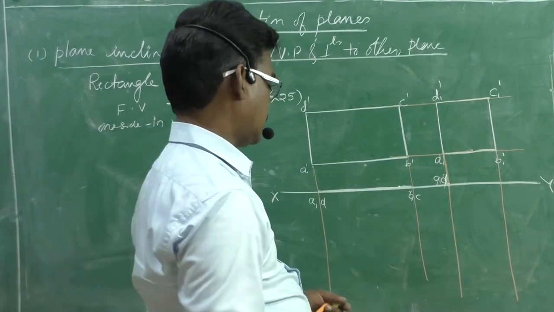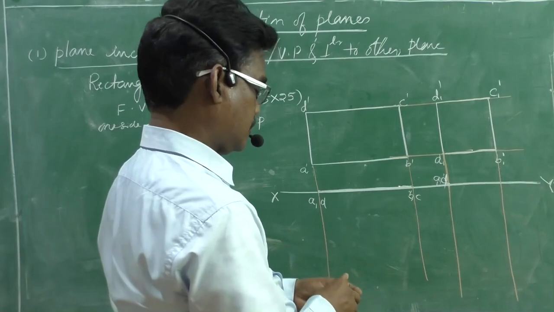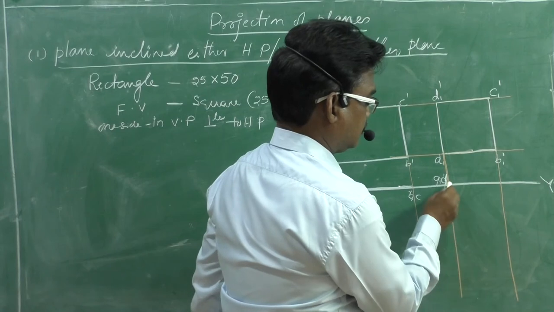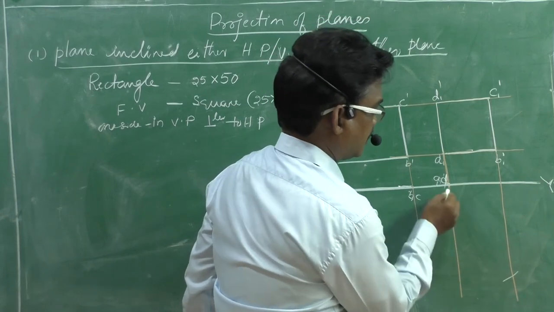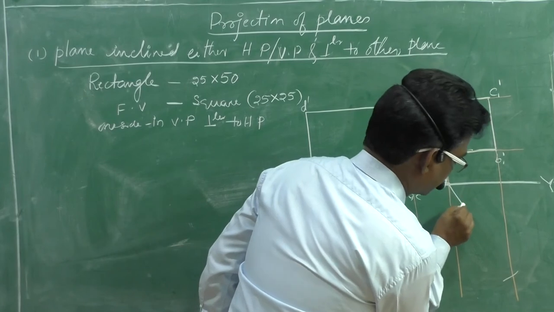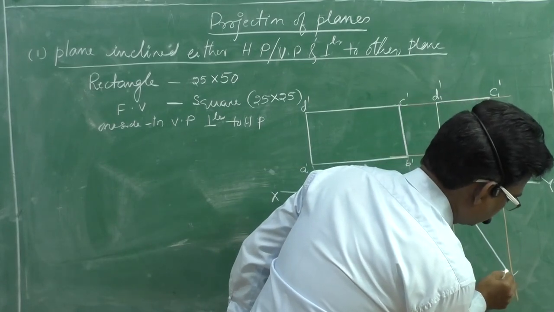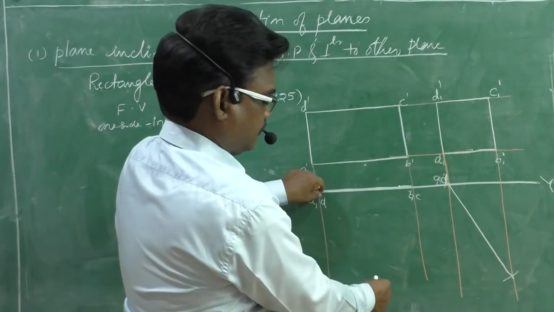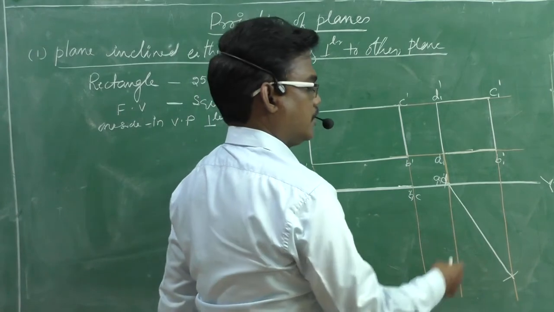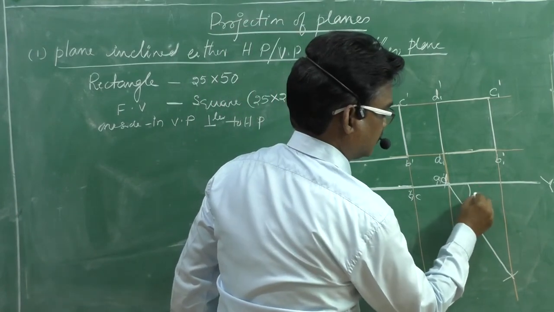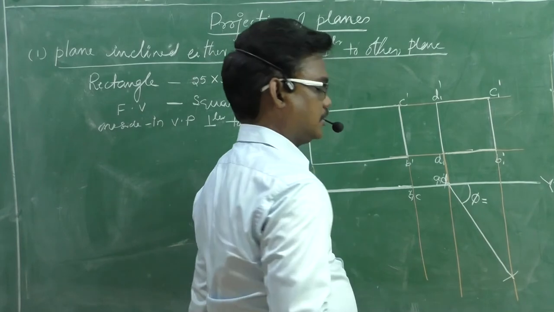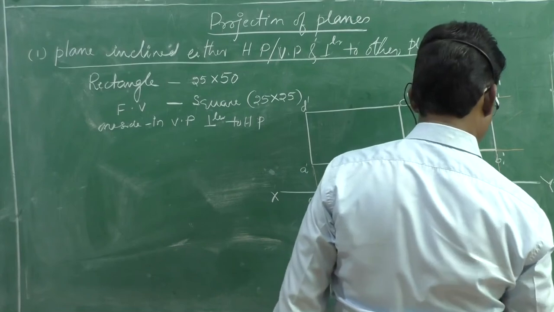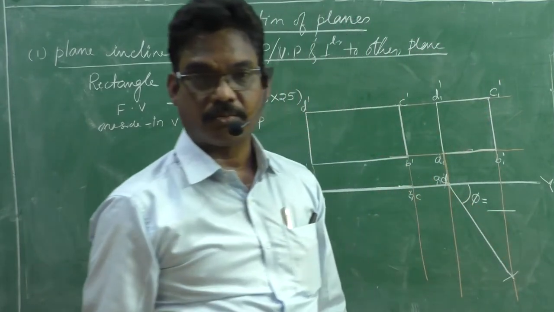With this length, that means 50 mm length, you need to draw an arc with AD as center. And this line represents the required top view. If it is moving like this, then the angle with the vertical plane, that phi, we need to measure and write perfectly because it is asked in the problem.